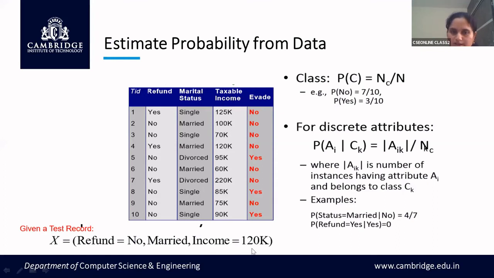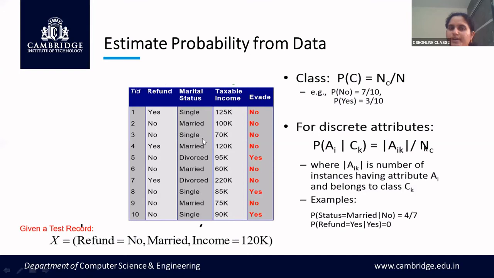Similarly, income is given as 120K. On 120K, only one entry, and here also probability is 1. So married probability is 1. Income probability with 120K, you have only one row, so here also probability is 1. And the decision label is no. With respect to no, it is 1. With respect to yes, it is 0.